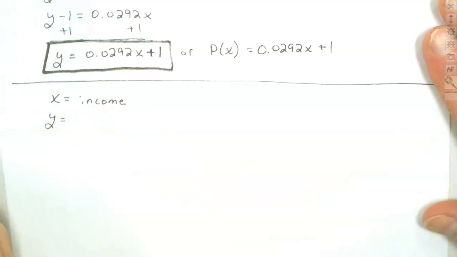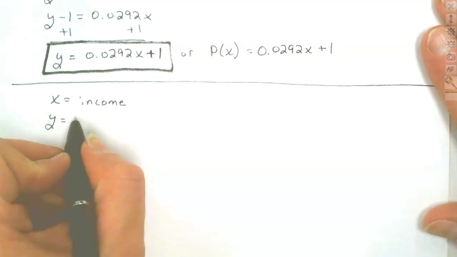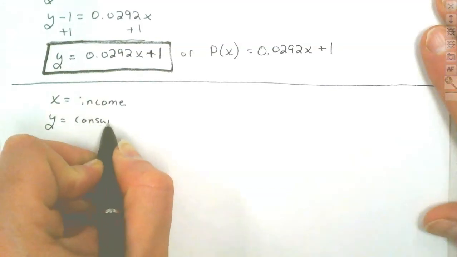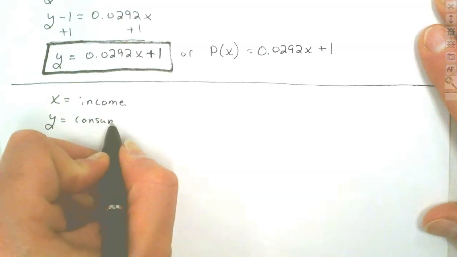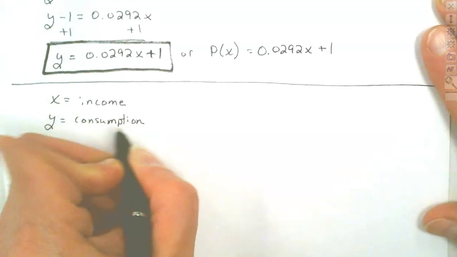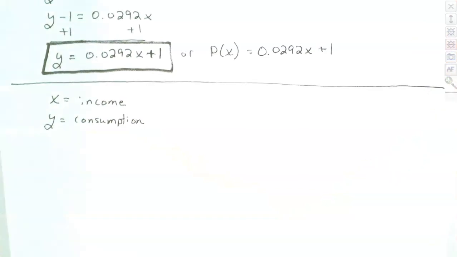Y is going to be the consumption. So we've got income and we've got consumption. And we know that as we increase one, the other one should do the same.